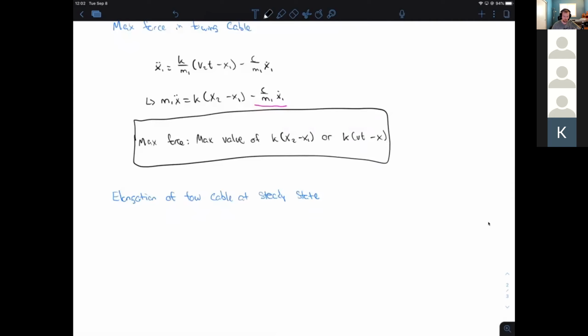I'm going to rewrite this where we have x double dot equals minus k over m1 x1 minus c over m1 x dot 1 plus k over m1 v2 times t. So again, remember that v2 times t, that's x2.